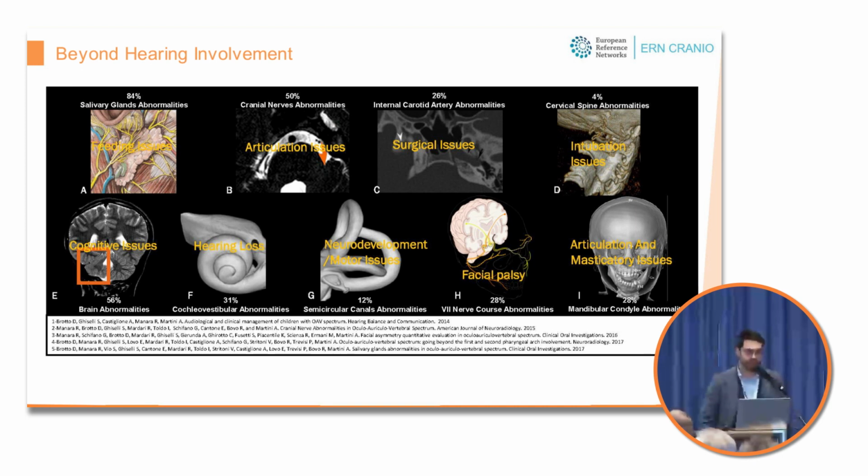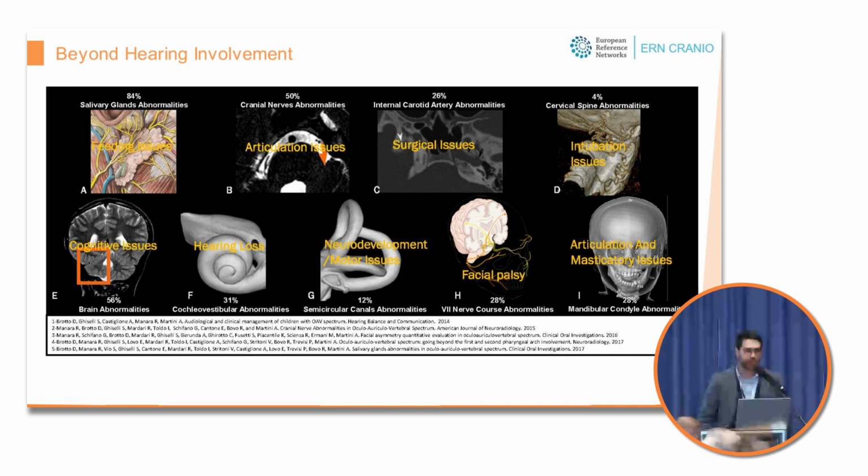As we said before, the identification of cochlear anomalies may be related to hearing loss, but anomalies at the vestibular and semicircular district may be related to neurodevelopmental or motor issues during childhood and over time.